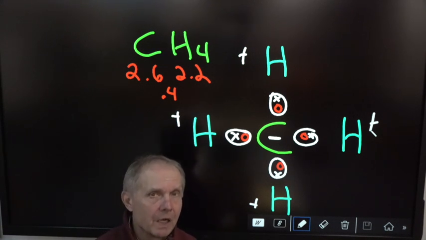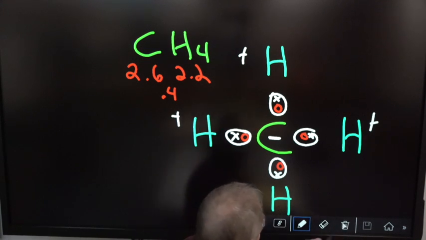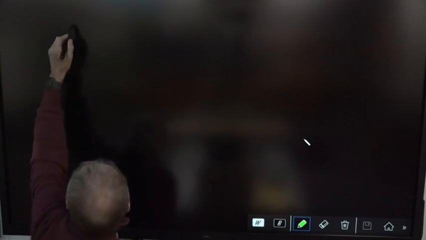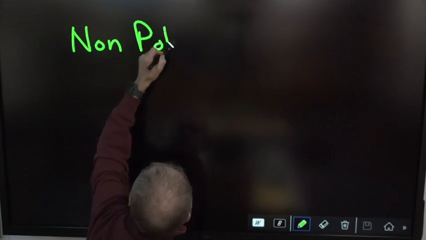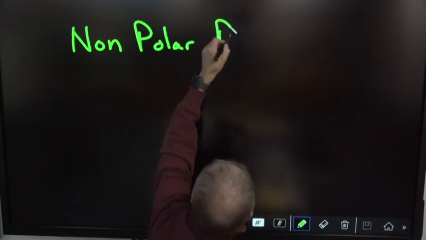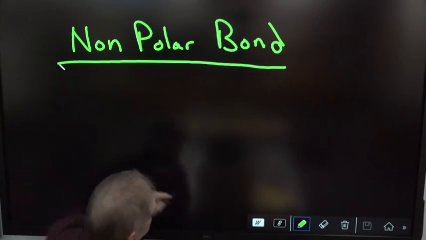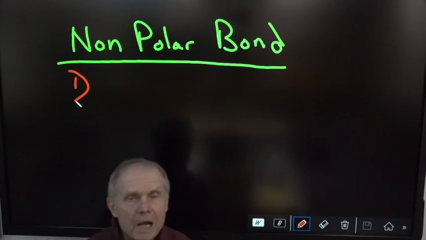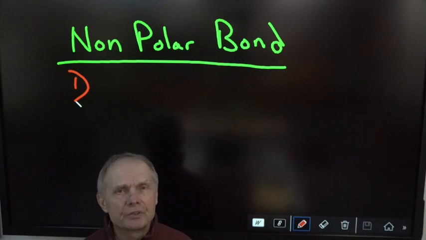Now let's talk about the other type of covalent. The other type of covalent is this. Nonpolar bond. Well, the reason I like chemistry is because it's always opposites.